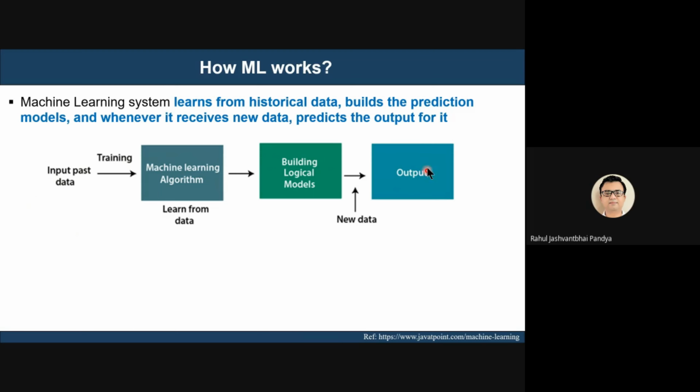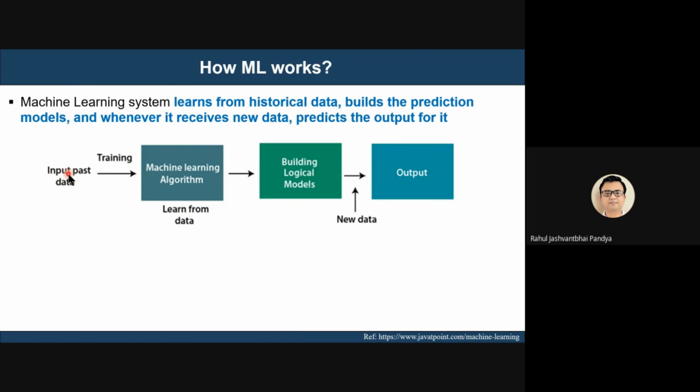And then it will try to predict the output for the new given data. So generally we give the past input data to the machine learning algorithm. This machine learning algorithm or program will learn from the past data set. They'll build the logical models in terms of training. And when new data is given, it gives the output.